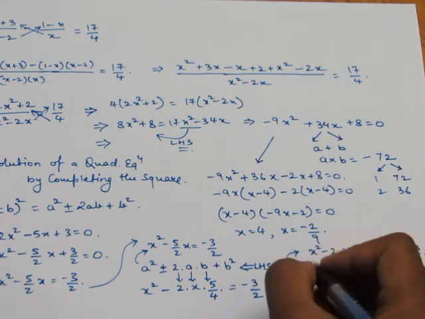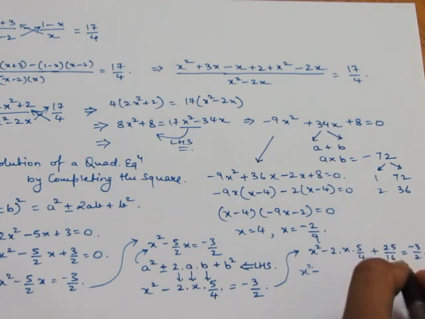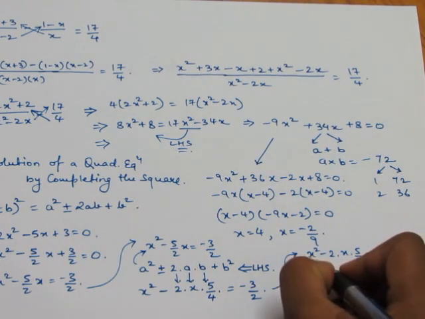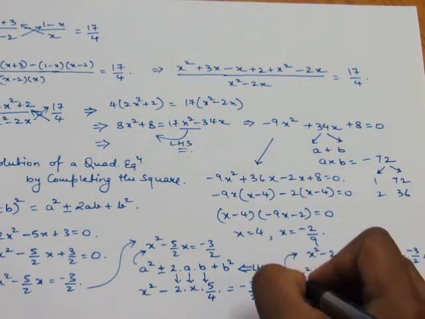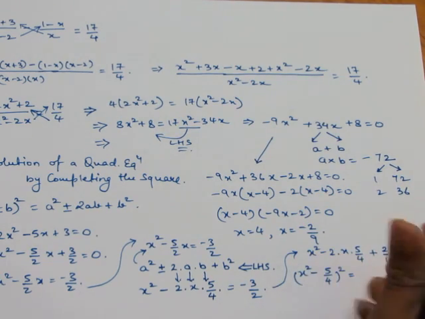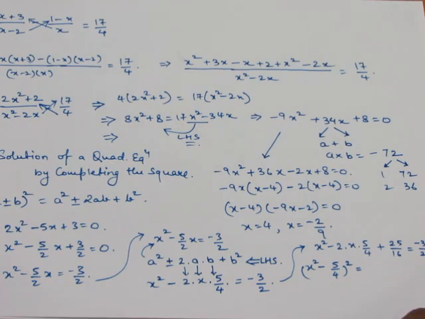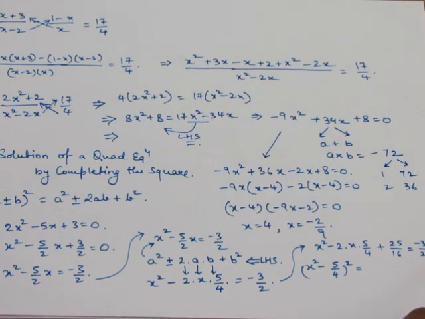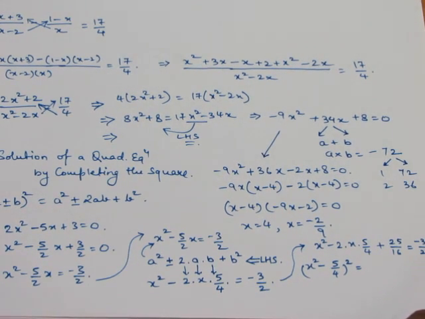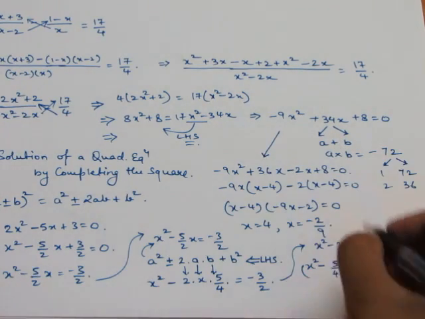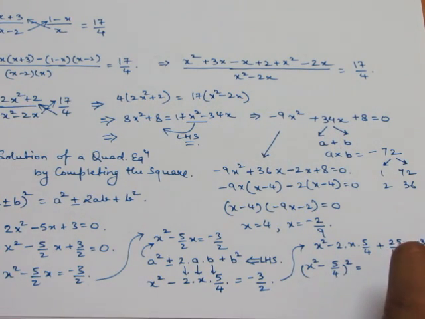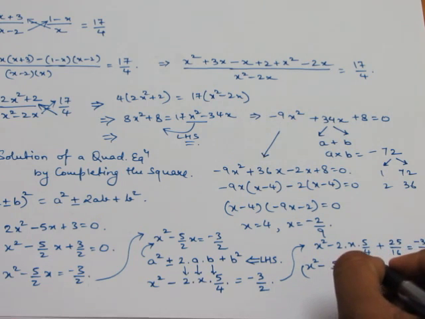So I've added this. I get x minus 5 by 4 whole square, and on the RHS, what do I get? I'll take the LCM, so it is 3 into 8, 24.